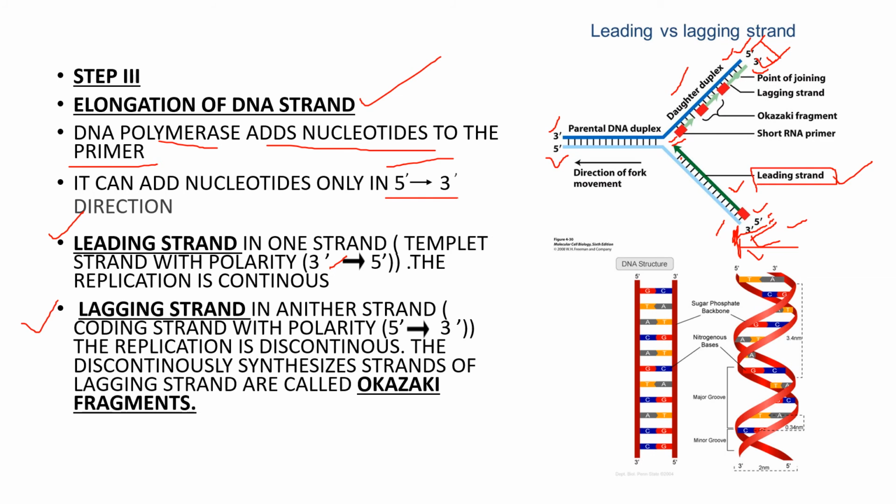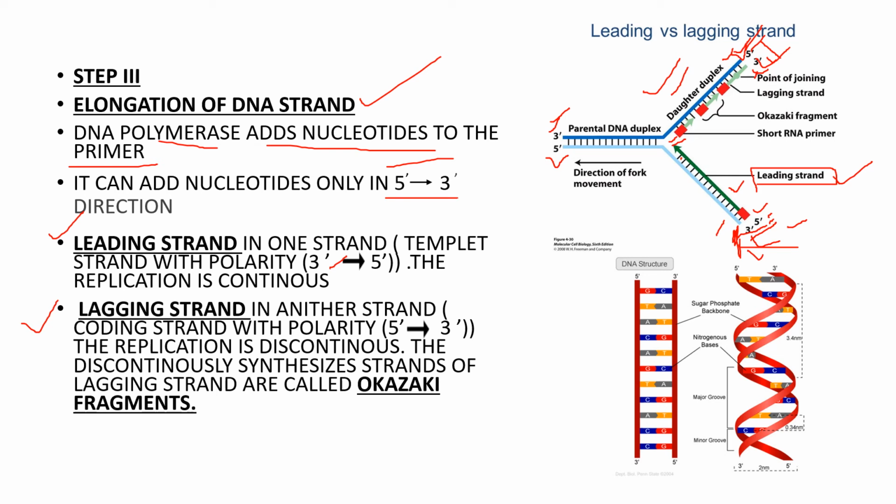And coming to the opposite strand, the lagging strand, we call this template the coding strand also. Where the parent strand has 5' to 3' polarity here, the replication is discontinuous.